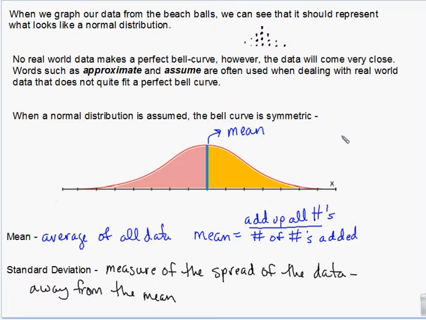You can have a symmetric bell curve that's very tall and has really short sides, or you can have one that's really flat. So the standard deviation is going to describe the shape of the bell curve and how it's going to spread out away from that center part. Does it spread out really fast, like just boom, or does it go slow and gradual? Does that make sense? Okay.